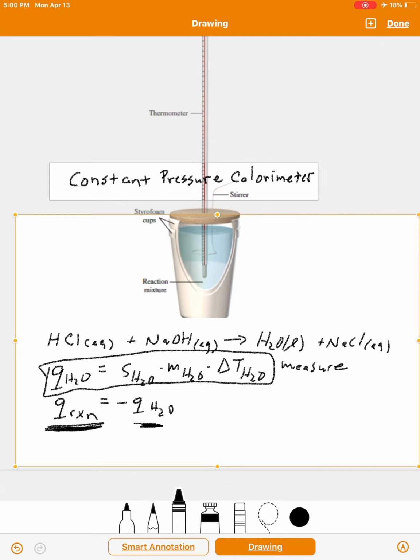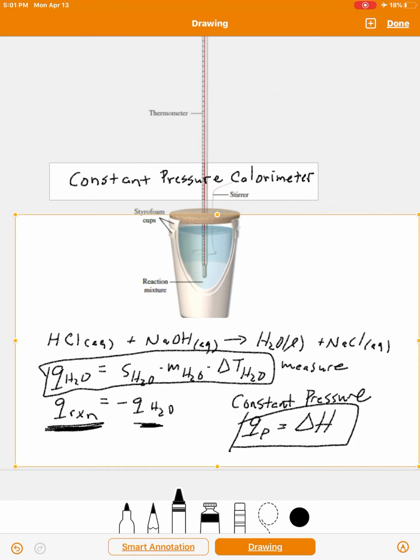Since this is being done at constant pressure, let's bring it back to the previous section. At constant pressure, Q_P is equal to delta H. So in other words, we can get the enthalpy change, delta H, of the reaction, Rxn, which is equal to that Q sub P, which is Q of the reaction.